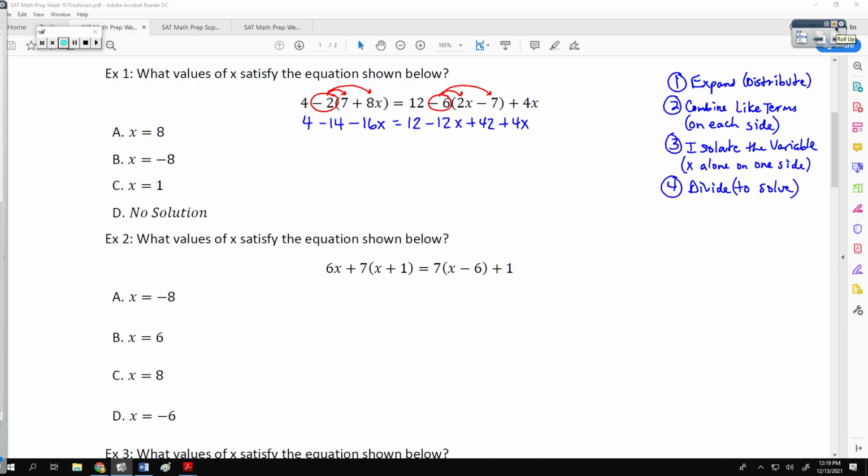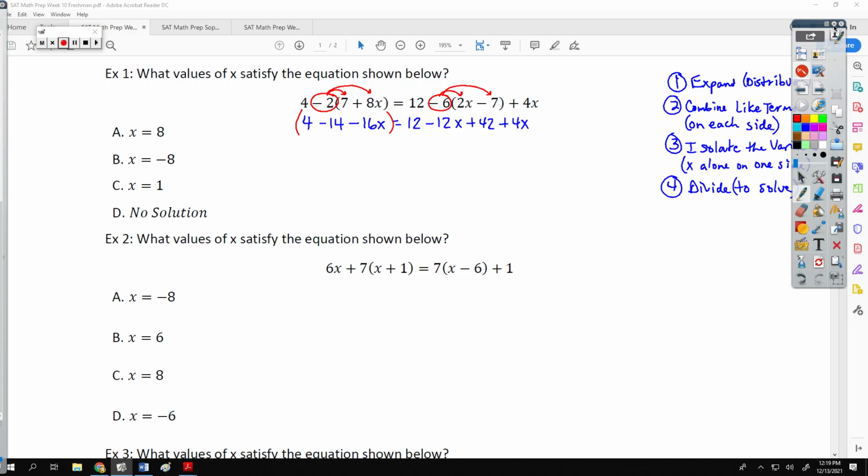When we look at this equation, we should only be looking at one side of the equation at a time. So we would start by looking at 4 minus 14 minus 16x, which is the left side of the equation. And we would be looking for like terms, which would be 4 minus 14. So we would do 4 minus 14, which would be negative 10. And we would leave the negative 16x alone.